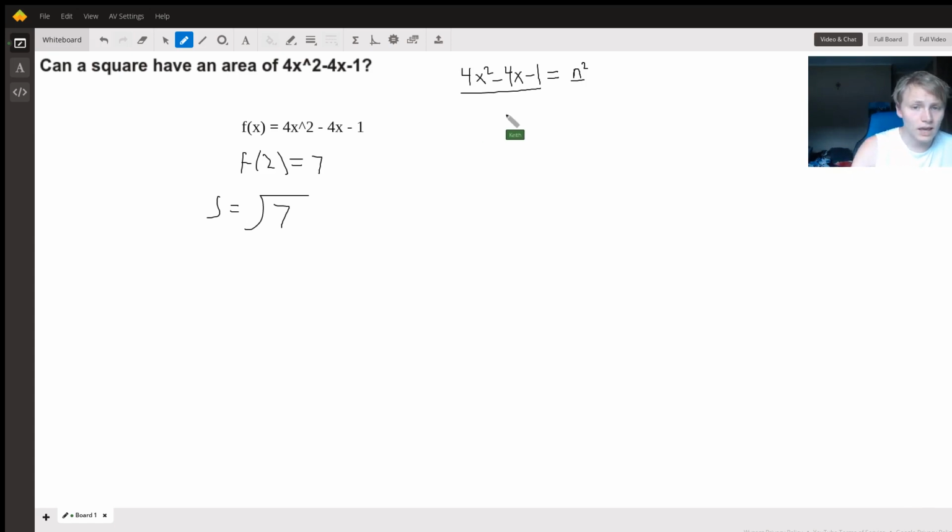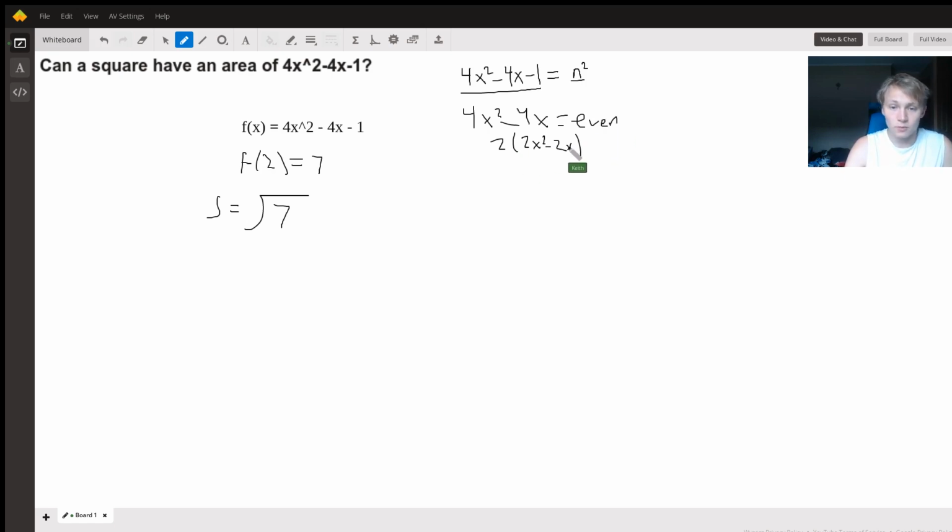Well, it can't be even. And why do I say that? Well, if n is even, then n squared is even. And if n squared is even, then n squared can't equal 4x squared minus 4x minus 1, because 4x squared minus 4x is going to be even, because it's 2 times some number, 2x squared minus 2x.